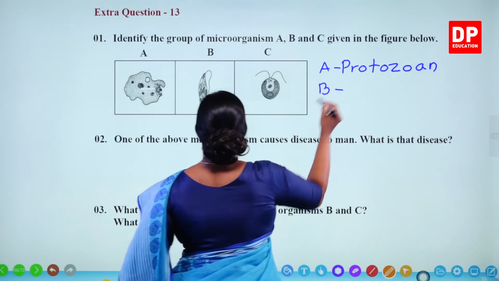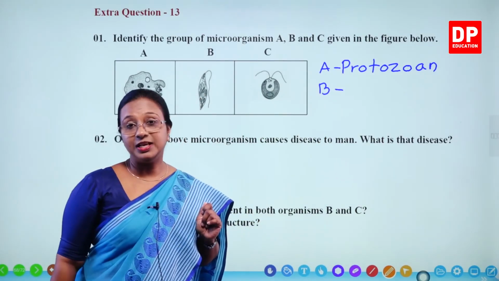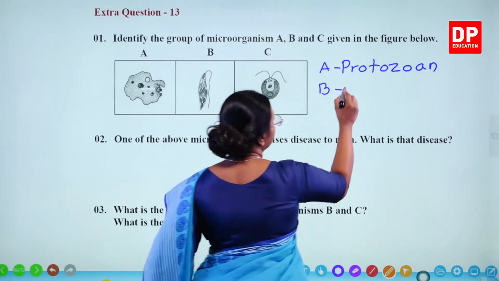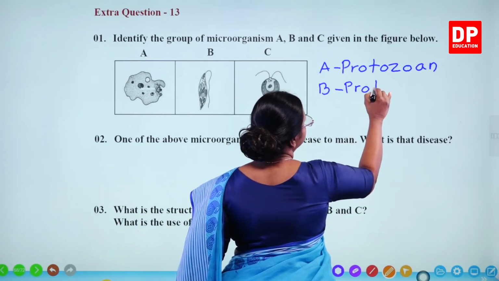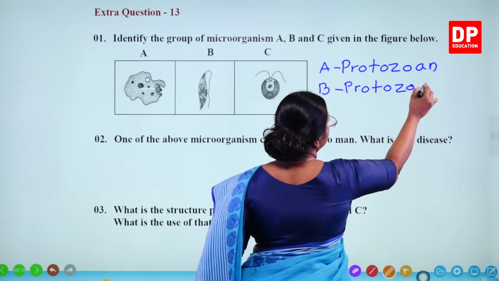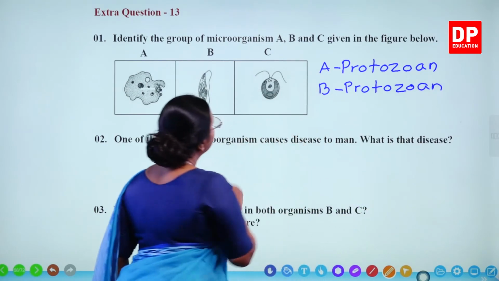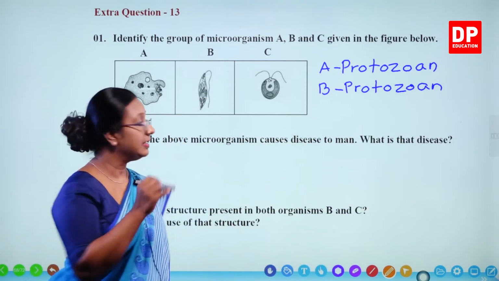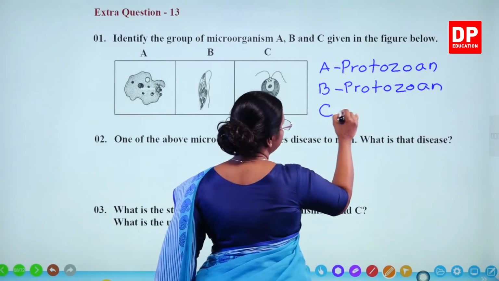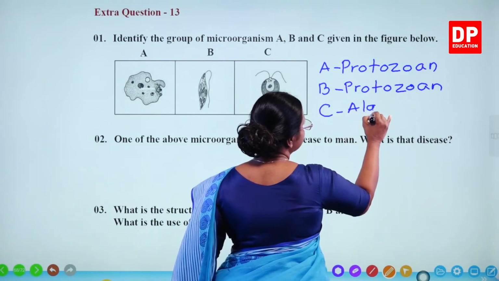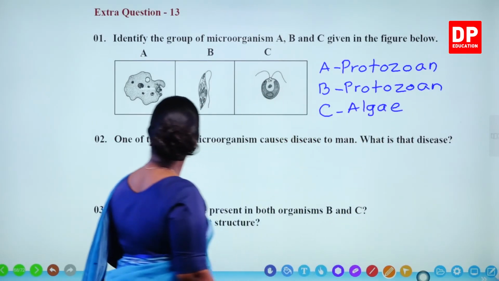Then B. What is B? Euglena. So you know that is also protozoa. Then what is C? It is an algae. It is Chlamydomonas. So it is an algae.